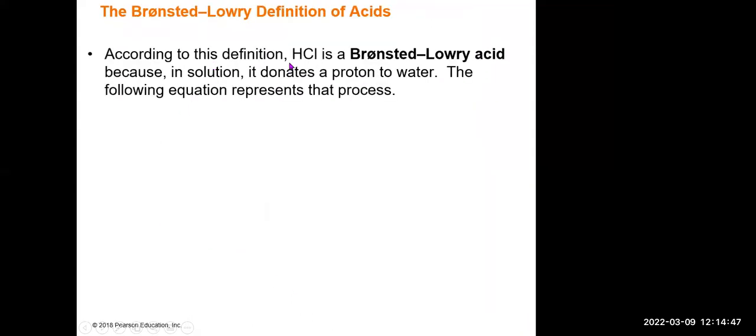According to this definition, HCl is a Bronsted-Lowry acid because in solution it donates a proton to water. The following equation represents that process. We have HCl (aq) plus H2O (l) produce H3O plus and Cl negative (aq). So in this process, going from left to right, you can see HCl donating the H plus, or losing the H plus. Therefore, we say HCl is the acid.